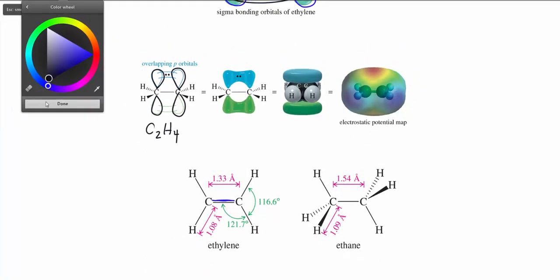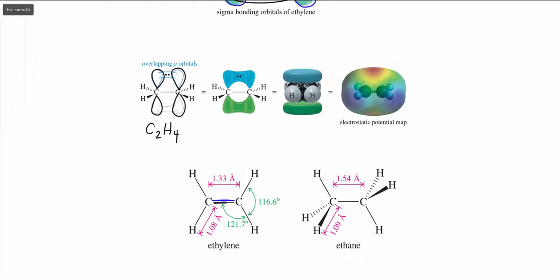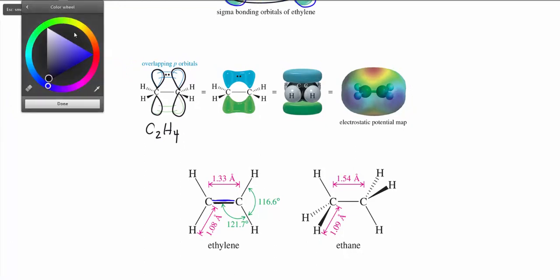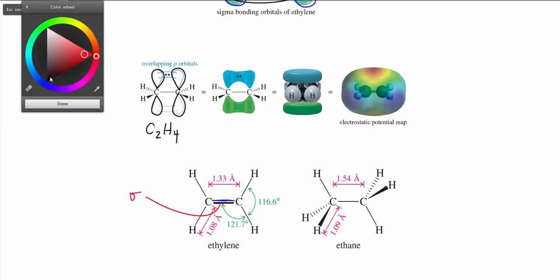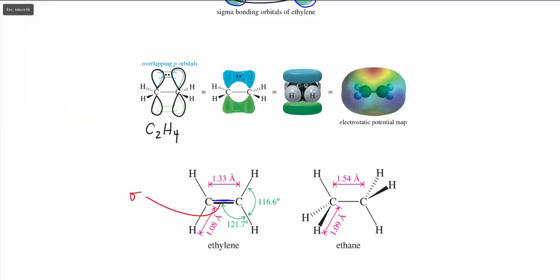This is your sigma bond here. So in a double bond, you have this sigma and you have one pi. This is information that you already know from chapter 1.